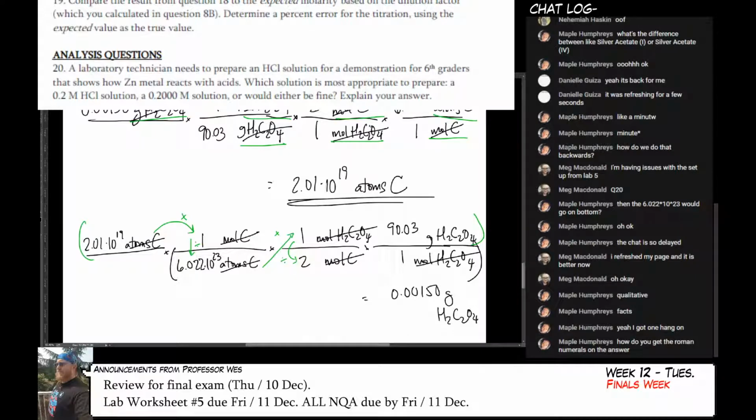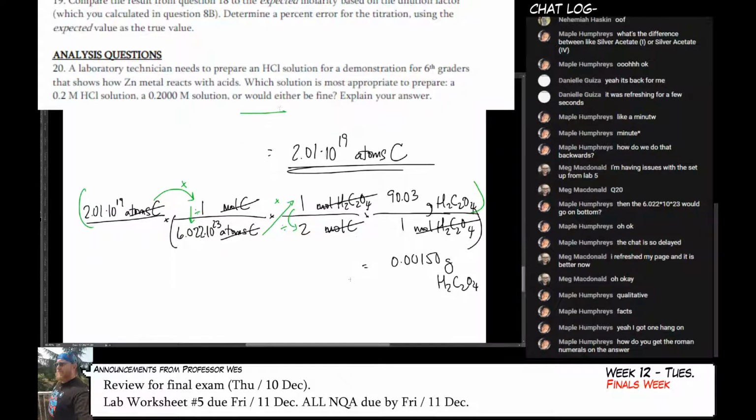How do you get the Roman numerals on the answer? Can you get more specific? I'm not really sure what you mean by the answer. Let me scroll down more.